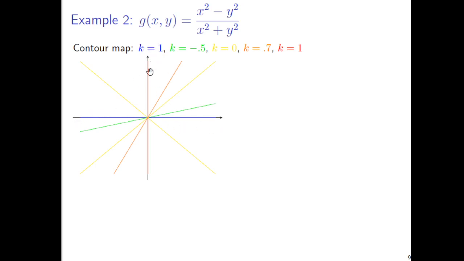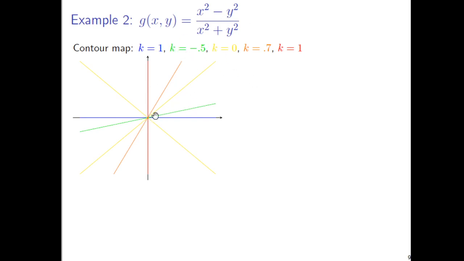I can at least convince you that all the points shown in blue should have output 1, because all along the x-axis, the y-coordinate is 0. So look up here, it's x squared minus 0 squared, in other words, x squared. The denominator is also x squared plus 0 squared, in other words, x squared. So all along this line you have x squared over x squared, which simplifies to 1, right? The only exception is when x equals 0. There should technically be a hole right at the origin.